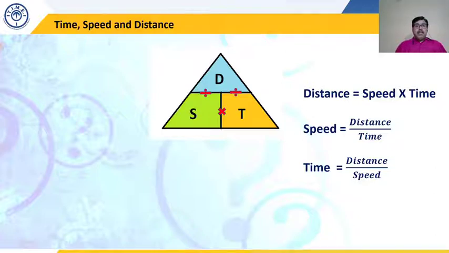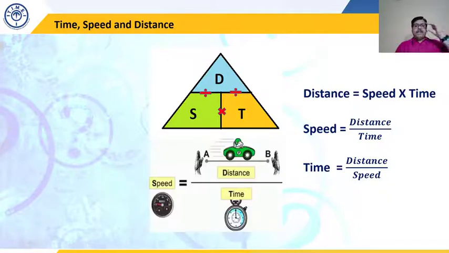But in all practical purposes, you need to convert kilometer per hour into meter per second, or vice versa, meter per second to kilometer per hour. So what is the meaning of kilometer per hour?